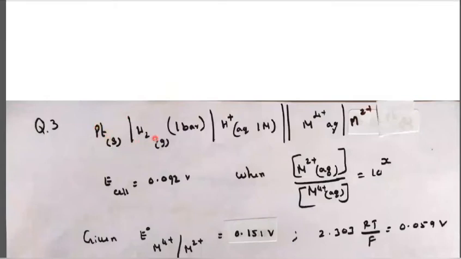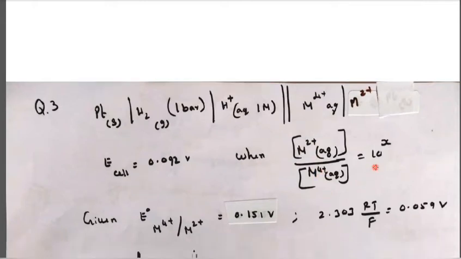Platinum solid, hydrogen gas at a pressure of 1 bar, H plus aqueous at 1 M, then a salt bridge, and M4 plus aqueous and M2 plus. The EMF of the cell is equal to 0.09 volt when M2 plus aqueous divided by M4 plus aqueous equals 10 to the power x.